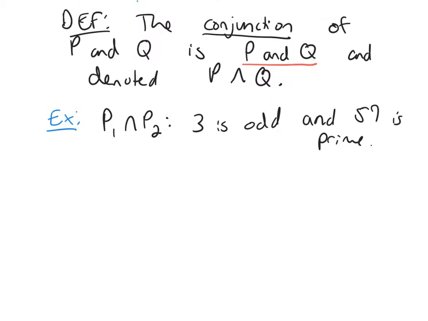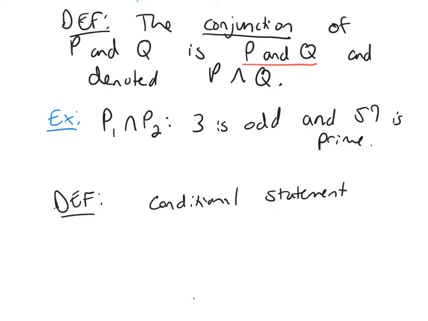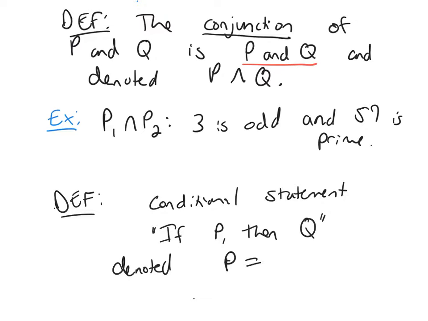Now we also have conditional statements. So what is a conditional statement? It's one that has this form, if P, then Q. And it's denoted here by an arrow.